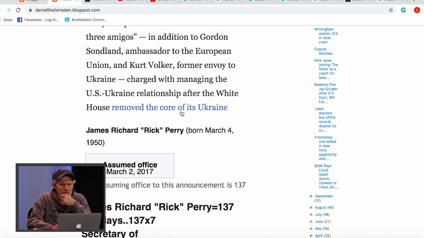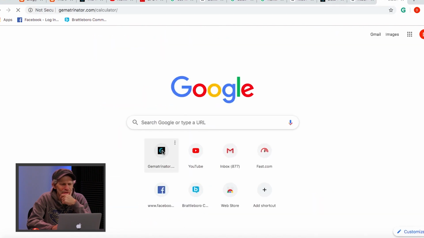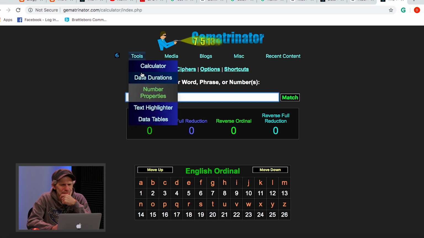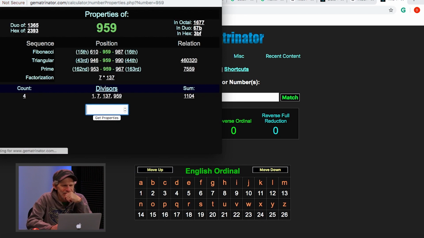They also said 959 days. And 959, if you go to this same calculator, because I was like, what's so special about 959? 959 is 137 times 7. So I had to laugh.